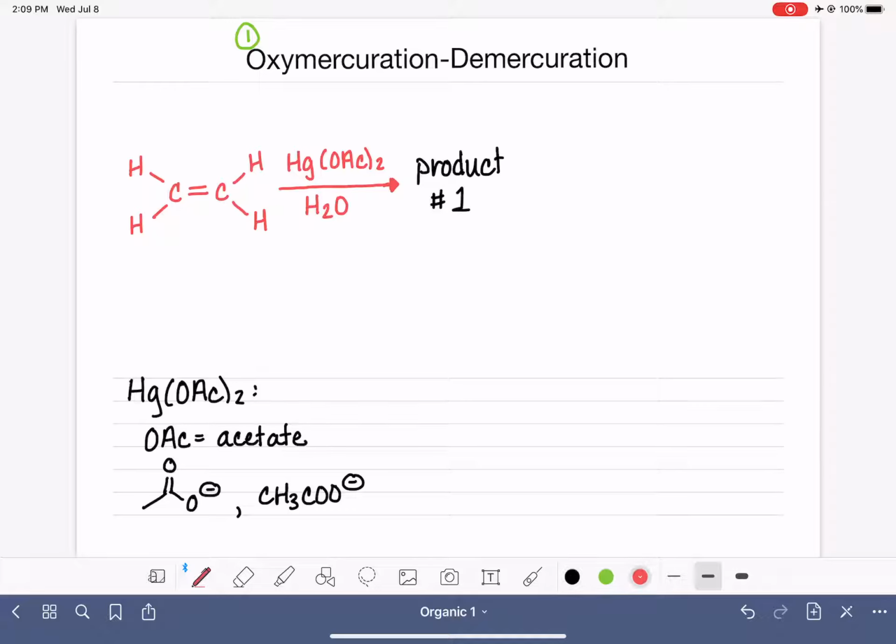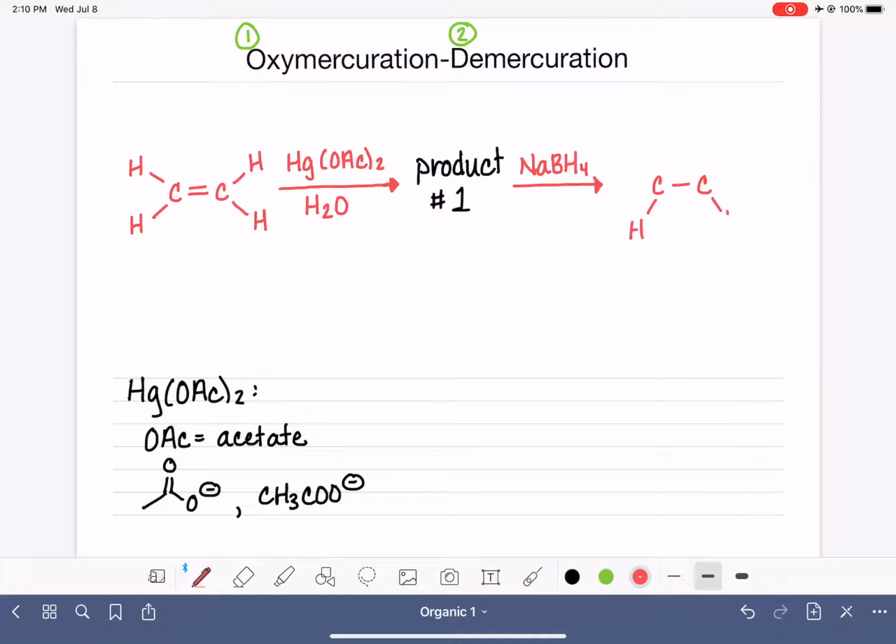That particular product is not what we're trying to make in this reaction, and so it is reacted again. So this is going to be the step 2 part. It undergoes demercuration, and the reagent that we use there is called sodium borohydride, NaBH4. The product of this second step is the desired product of this reaction.